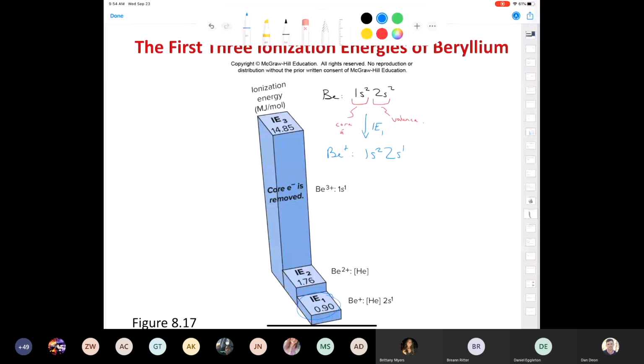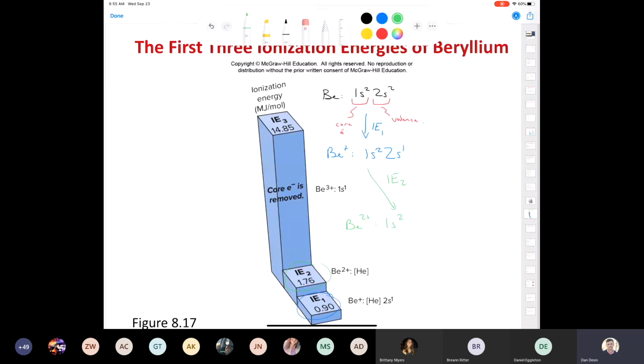If you rip off another electron, that's ionization energy 2. That means you're removing another electron, so you end up with Be2+, and your electron configuration is going to be 1s2. The amount of energy is 1.76 megajoules per mole.